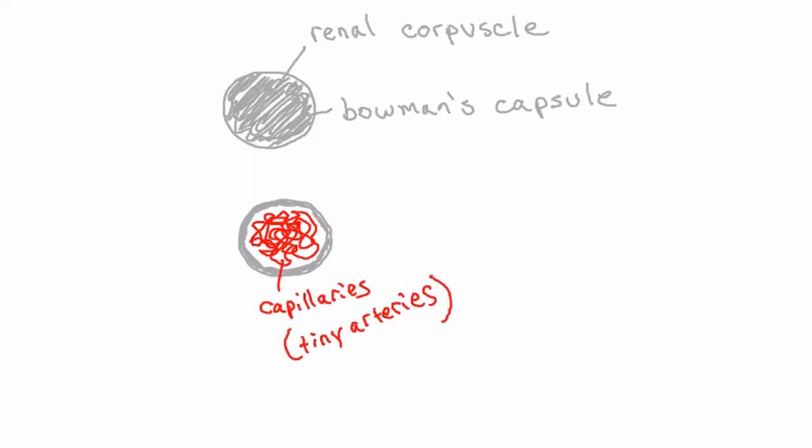And the capillaries enter through the afferent arteriole, and then that comes out the other side, called the efferent arteriole. So the afferent arteriole is coming in, meaning it's going into the renal corpuscle.